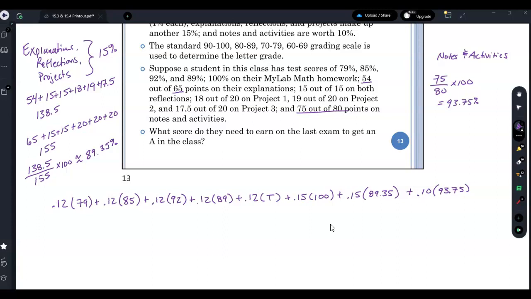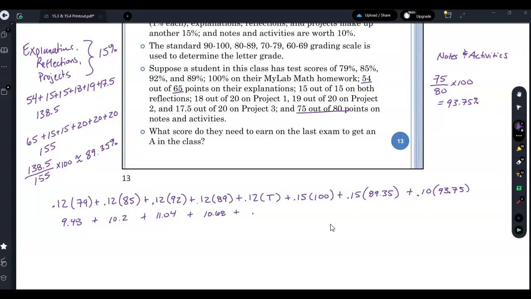All right, so I'm just going to go ahead and work this out. I'm going to do all the multiplication first and then go through and do all the addition. So 0.12 times 79 is 9.48. 0.12 times 85 is 10.2. 0.12 times 92 is 11.04. 0.12 times 89 is 10.68.